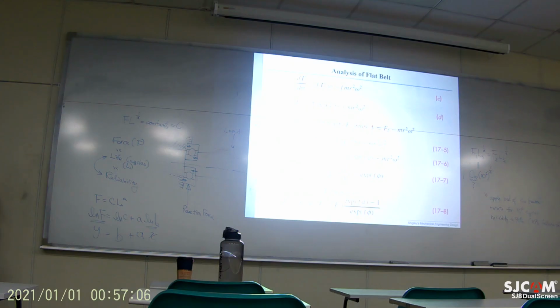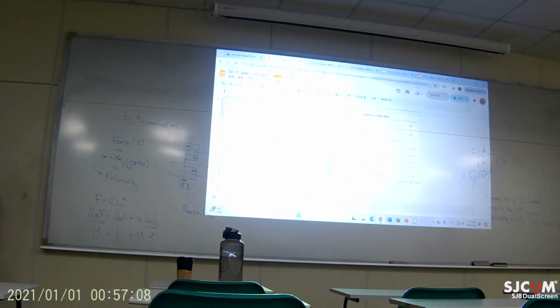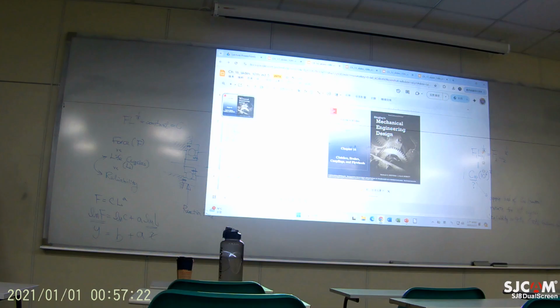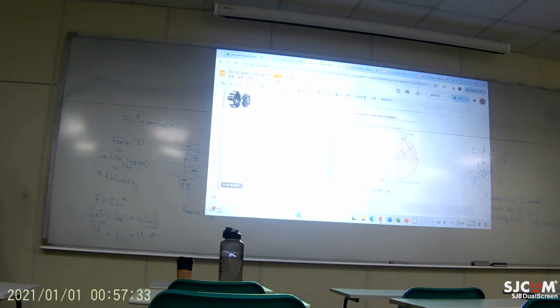Try to derive them by yourself, and then in the future, when you design your belt, you will make a proper decision. Unfortunately, I cannot cover the clutch and brake. Clutch and brake also require some calculus, some integrals. If you're interested, you can Google it.